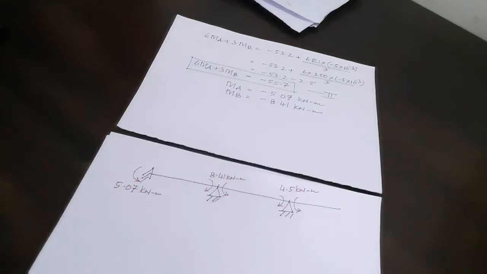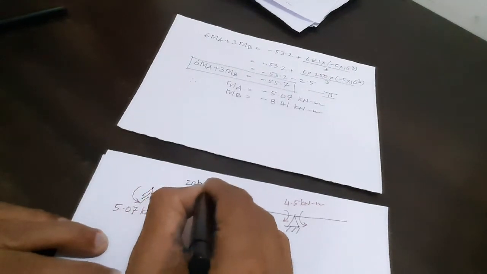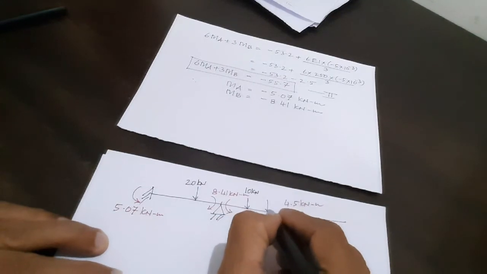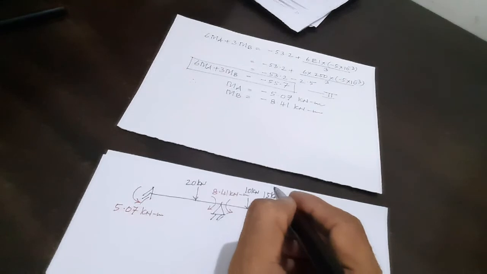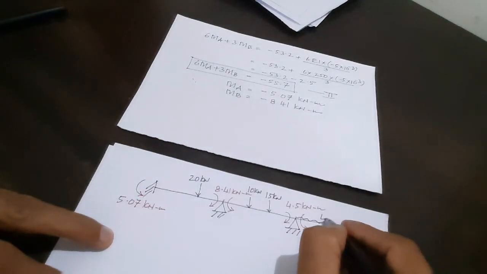I am drawing the full structure now, in both the portion. I am showing the loads. This is 20 kilonewtons. This is 10 kilonewtons. This is 15 kilonewtons. And the remaining portion is, I think, 4 kilonewton per meter for remaining distance.